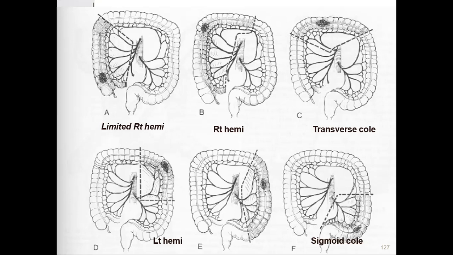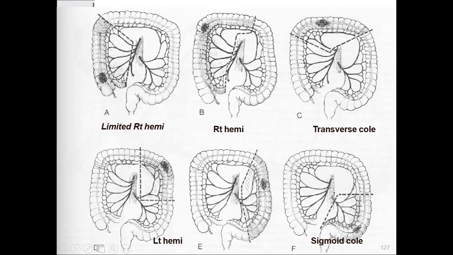This is the tumor at the splenic flexure. So we have to perform the left hemicolectomy. This is the tumor at the descending colon, and this is the line showing the resection line, and this is the sigmoid colon.